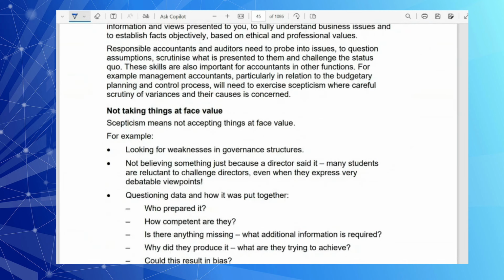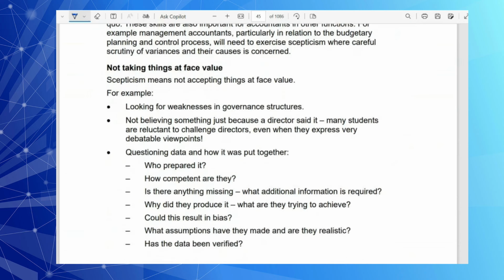Skepticism does not mean accepting things at face value. Skepticism means not accepting things at face value. Whatever is in front of you is not skepticism. Skepticism is something else, underlying in the background, or maybe what their targets are.